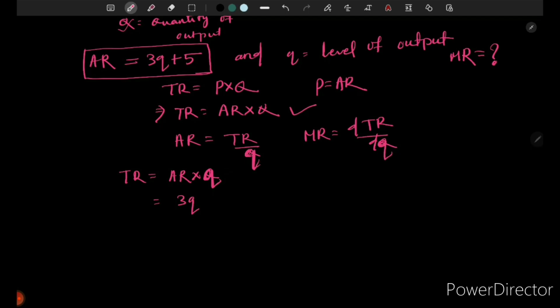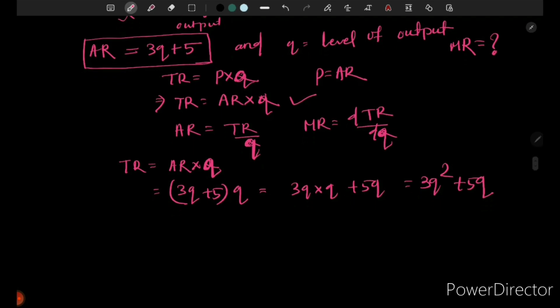So 3q plus 5 into q, that means 3q into q plus 5q, that means 3q square plus 5q is our total revenue.